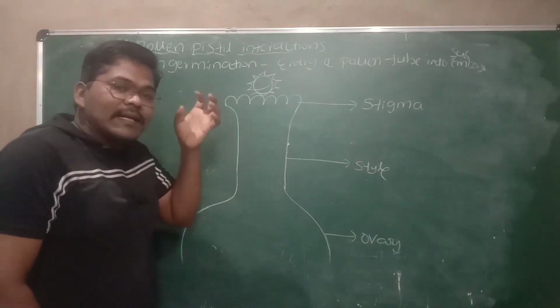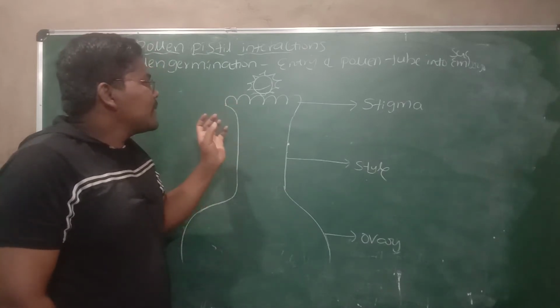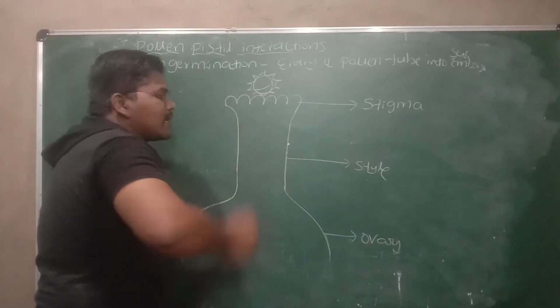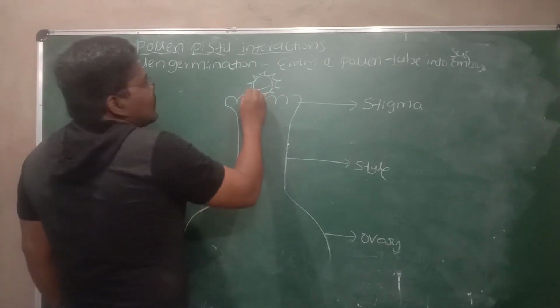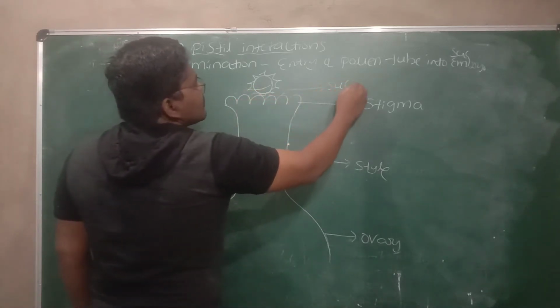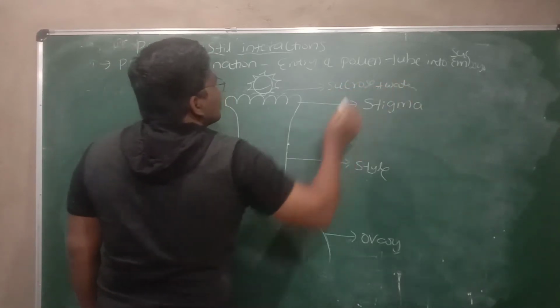When the correct type of pollen grain binds on the stigma, what happens? It will allow pollen germination. For example, if it is the correct type of pollen grain, then the pollen grain absorbs sucrose and moisture. Sucrose plus water will be absorbed.